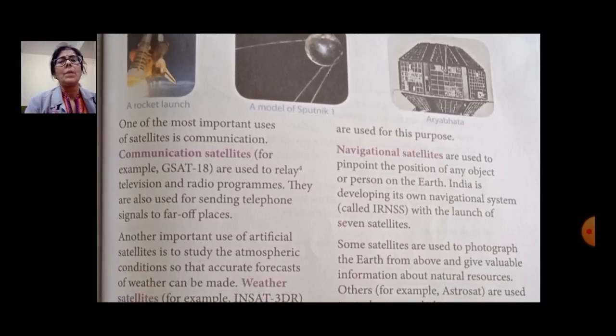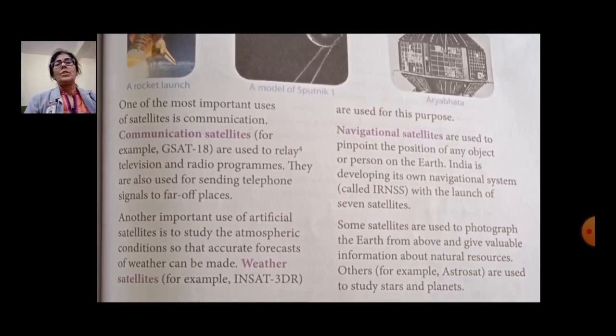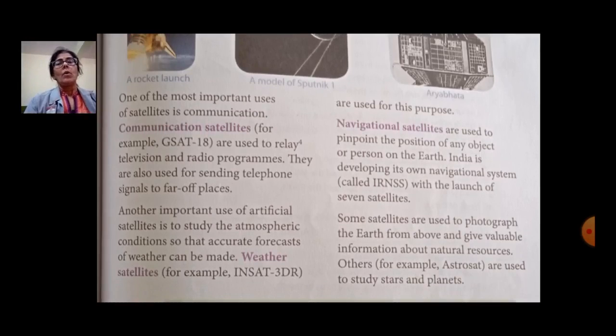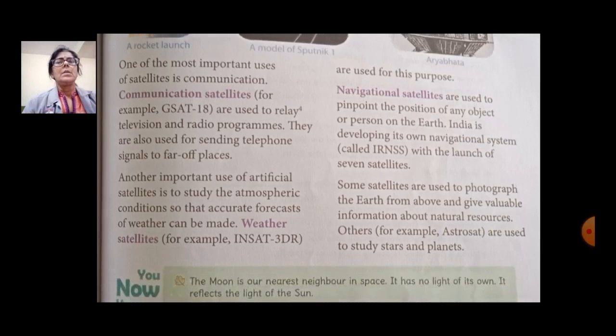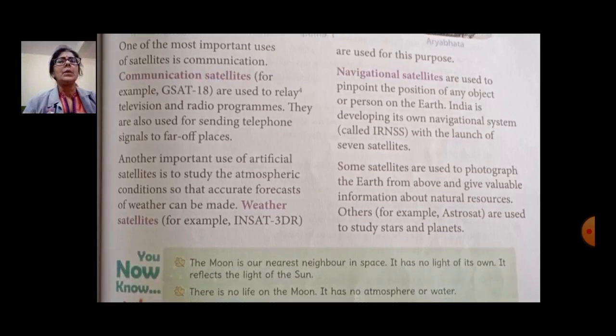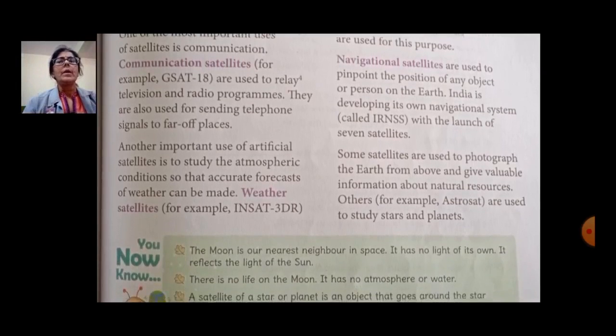One of the most important uses of satellites is communication. Communication satellites. Do you know, children, why today we are able to watch TV or use the internet? That is because of these satellites, right? GSAT-18 is used to relay television and radio programs.